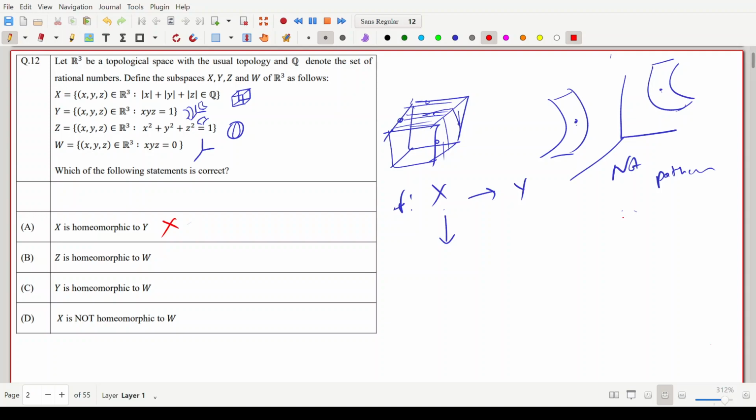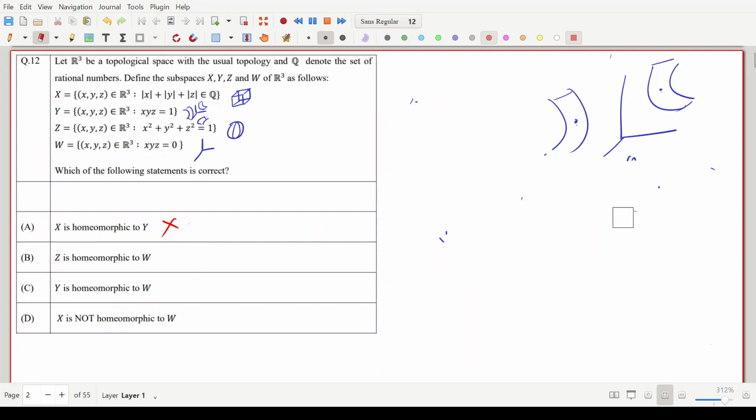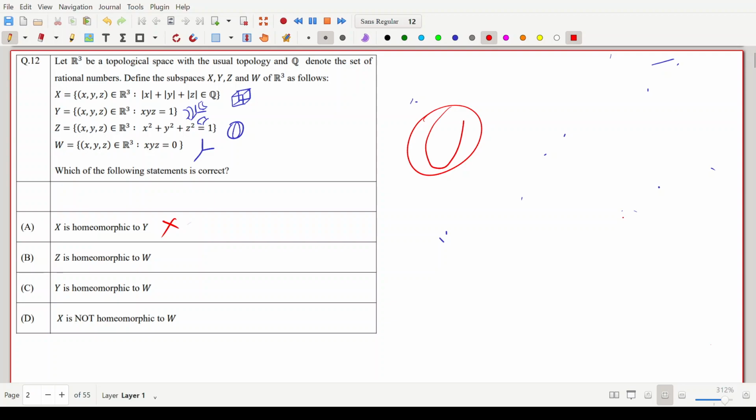This is not true. Now let us see the next option. Z is homeomorphic to W. What is Z? Z is your sphere, correct? And what is your W? W is just the axes. Is it homeomorphic?